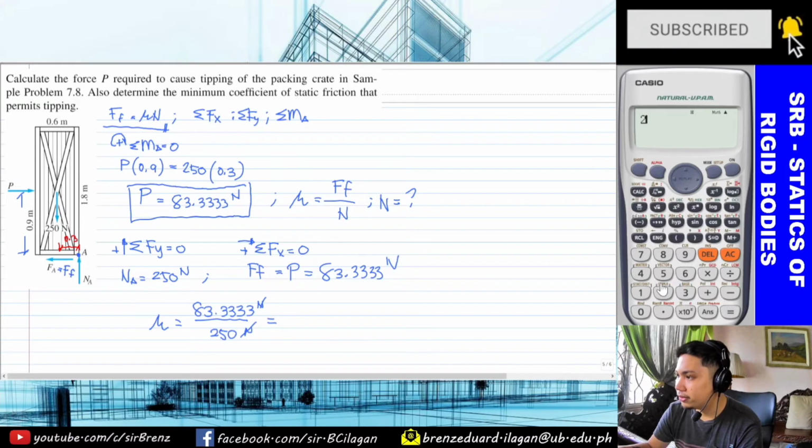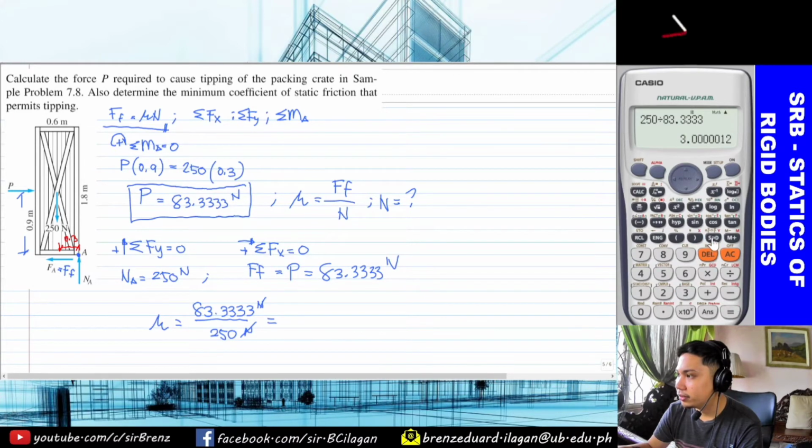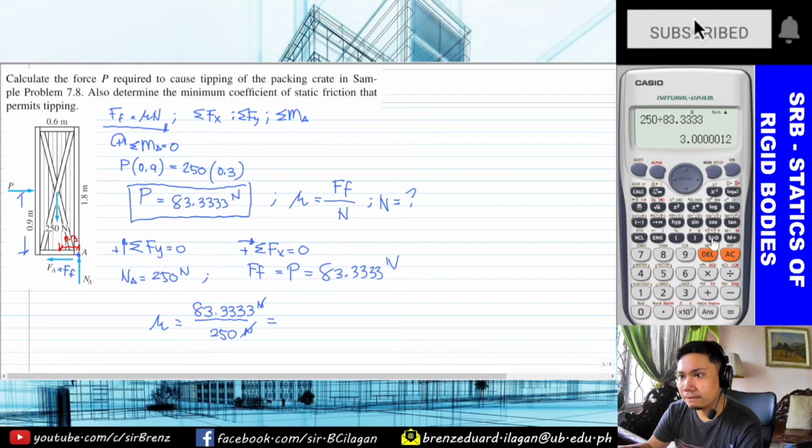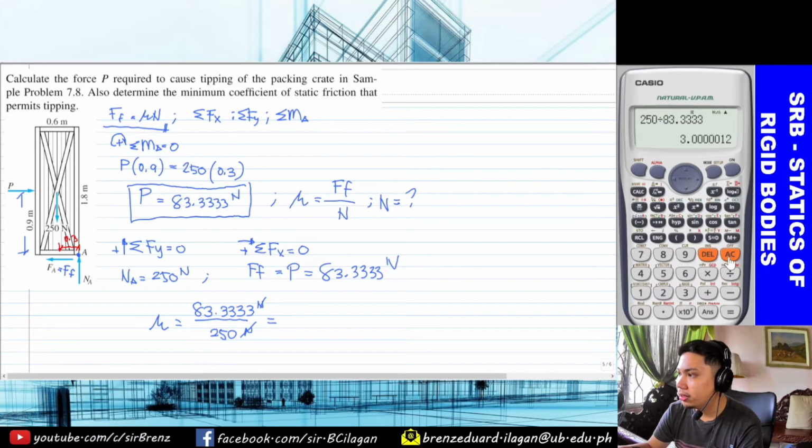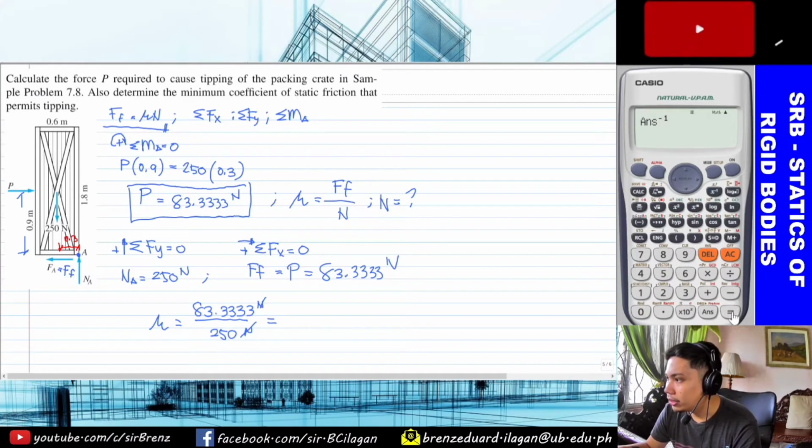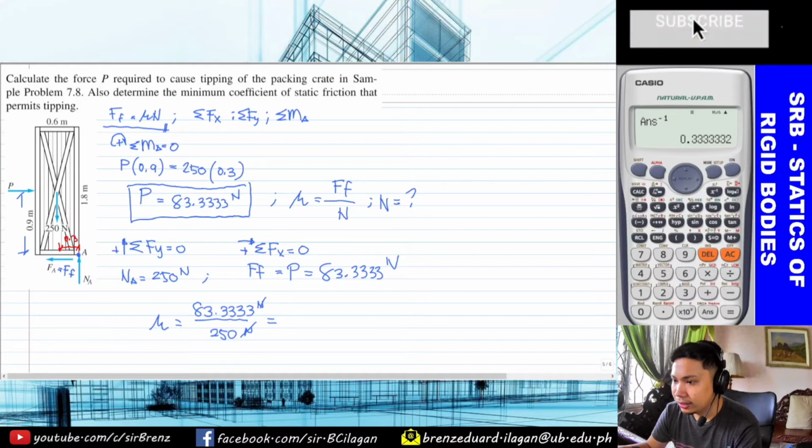So 250 divided by 83.333. Mali ang pindot ko. Baligtad. Inverse natin. 0.333. Pasensya na kayo, gutom na. Ayan. Alright, so yun lang.